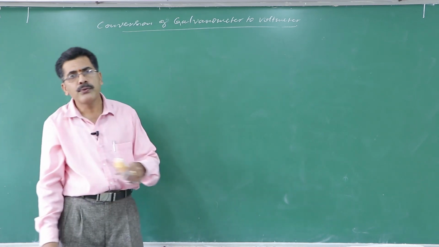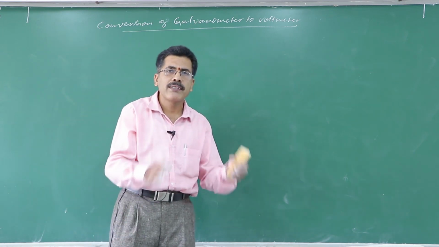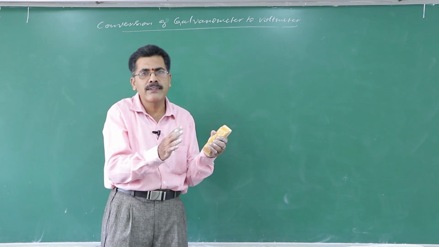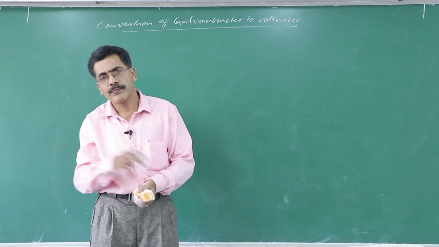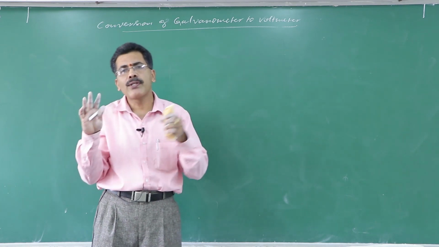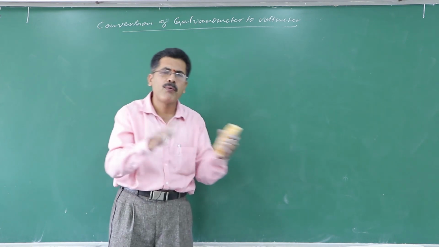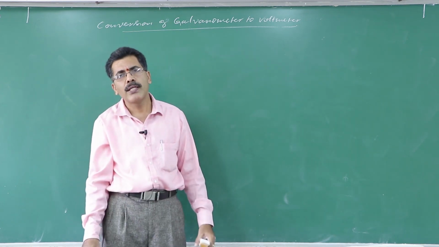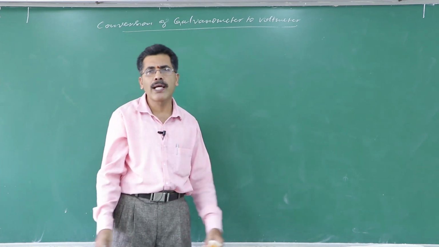You cannot use a galvanometer directly as a voltmeter because it has a very low resistance, ranging from 50 ohm to 120 ohm under laboratory conditions. So with that small resistance, you cannot use a galvanometer as a voltmeter.